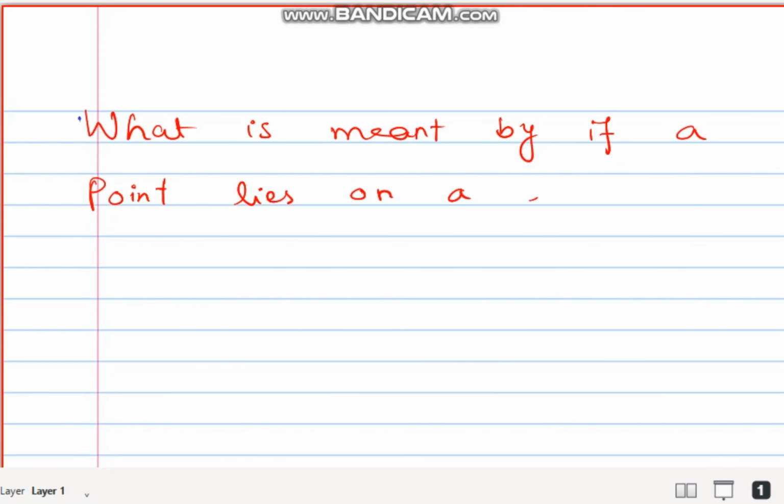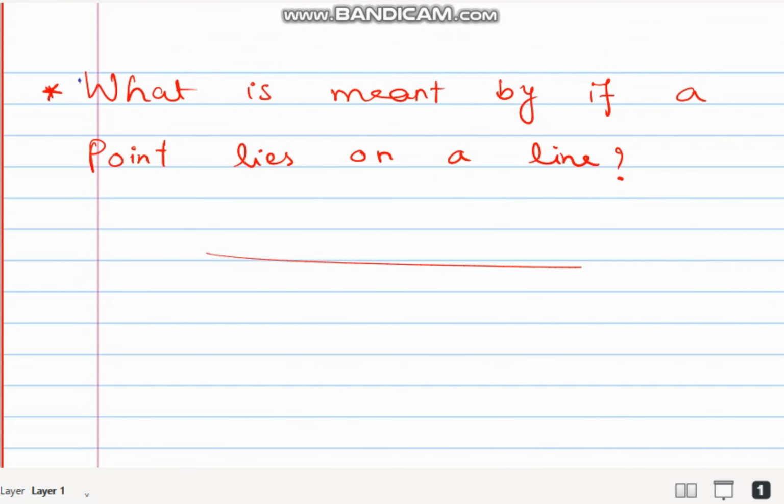It's a very simple and easy question. Please, student, just listen to me carefully. It means that if you have a line, this line, sorry, I will draw the line in a good way. We have a line, this line.